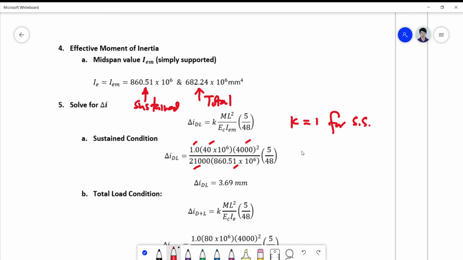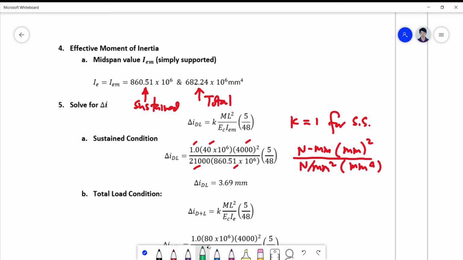Okay, so let's check the unit. For your moment, my unit is in Newton millimeter. For the length, I have a millimeter squared over megapascal. So this is in Newton per millimeter squared. And then I have a millimeter to the 4th.